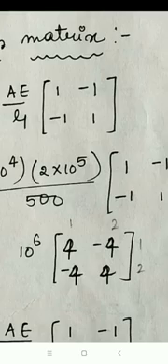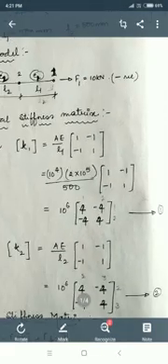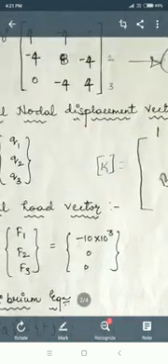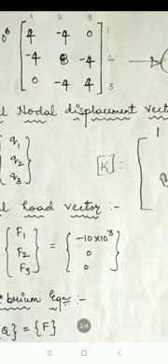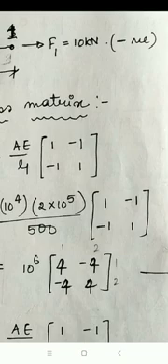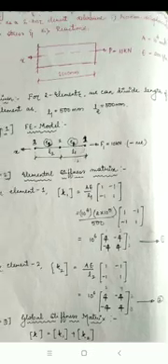Hence, I have written 4 there. Next, in place of column 2, row 1, I have written minus 4. At column 2 and row 1, there is minus 4. That's why there I have written minus 4. Similarly, you have to go on writing all the values.